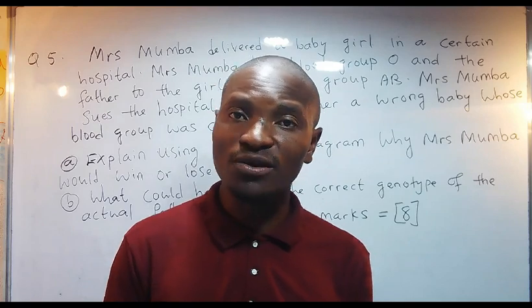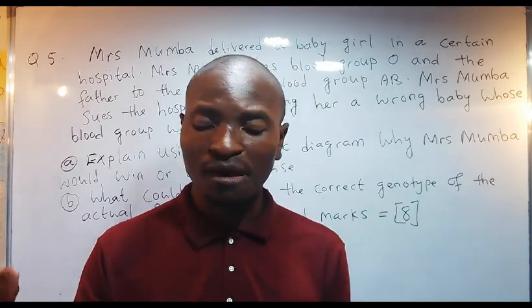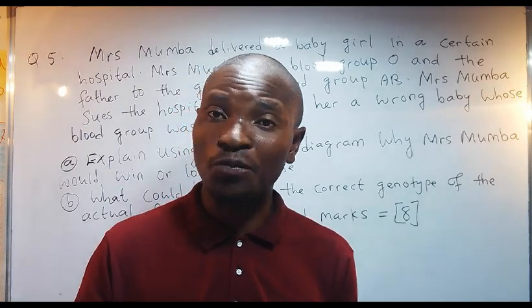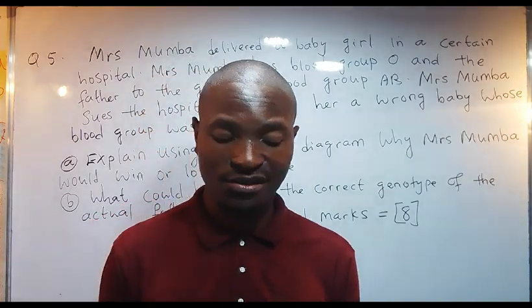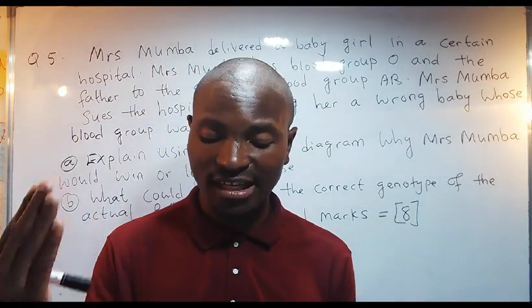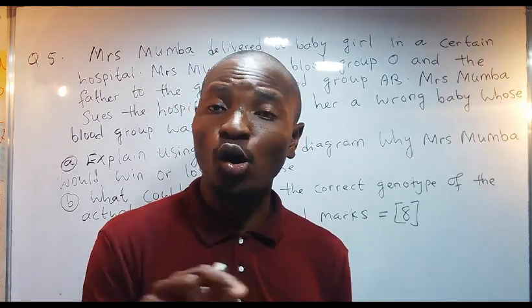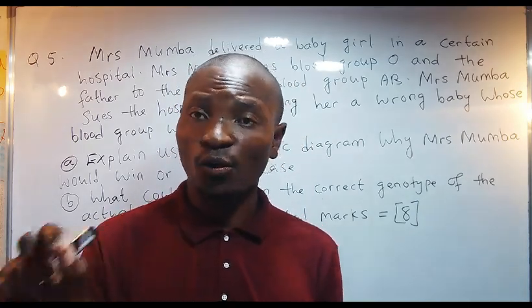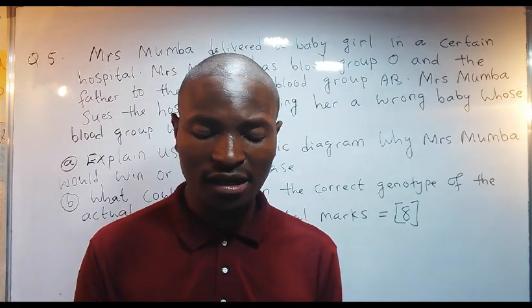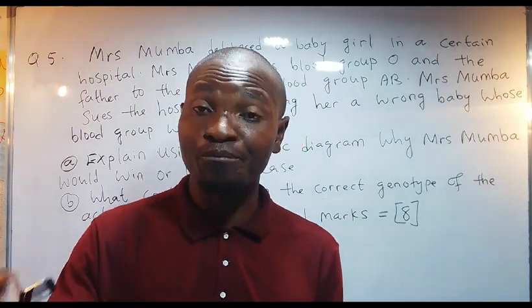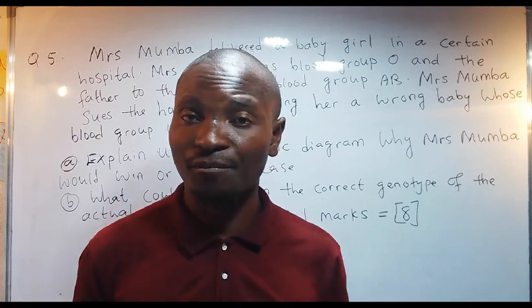Mrs. Mumba sues the hospital for giving her a wrong baby, whose blood group was O. The question says, explain using a genetic diagram why Mrs. Mumba would lose the case. Lastly, what could have been the correct genotype of the actual father?